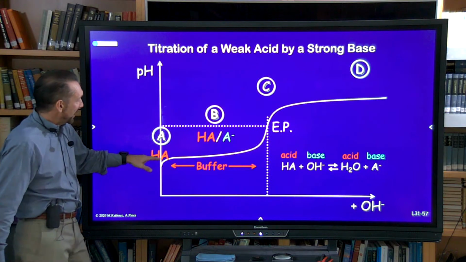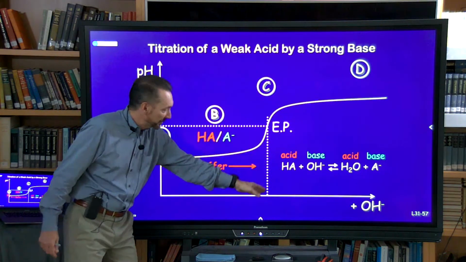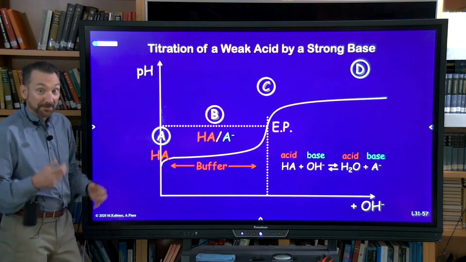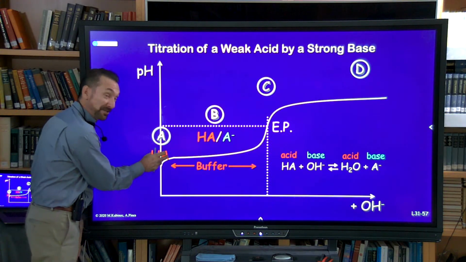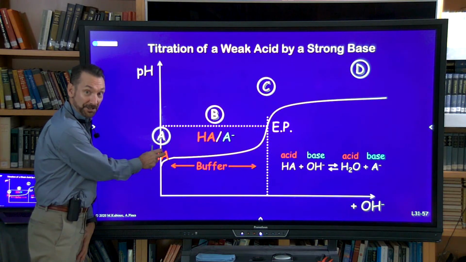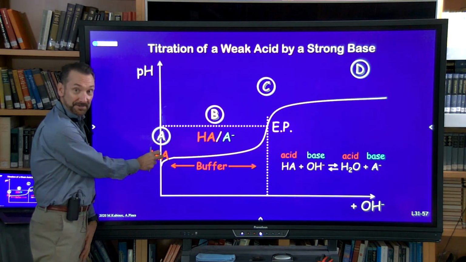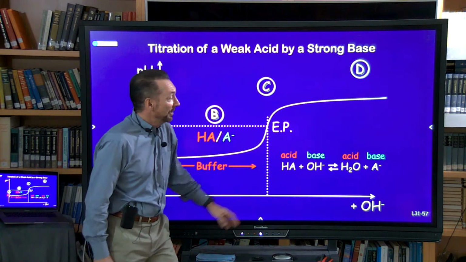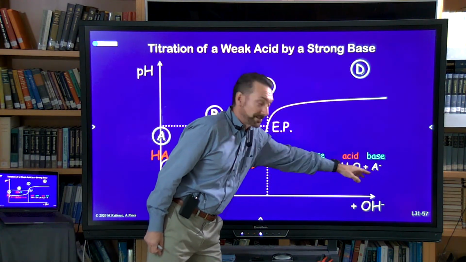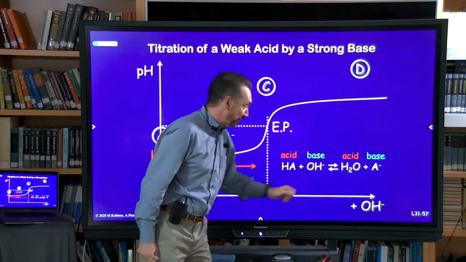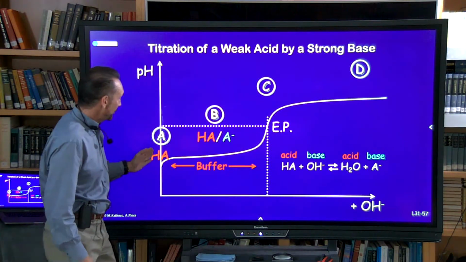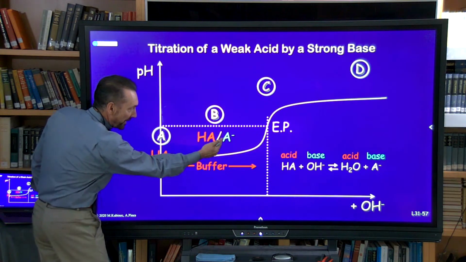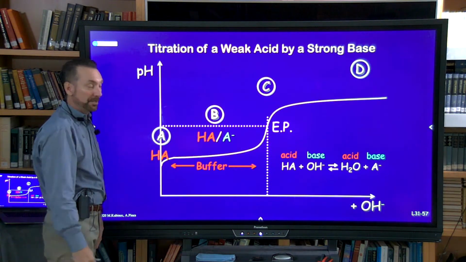So between HA and the equivalence point, we start out with mostly HA. And if it's a weak acid, it really is mostly HA. This doesn't dissociate very much. So you've got lots of this. Every OH minus, though, converts it into an A minus and water. So as you add these OH minuses, as you add the strong base, this concentration, HA, goes down, the A minus concentration goes up.